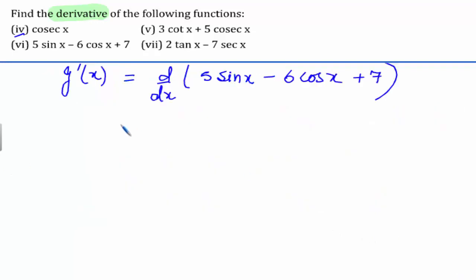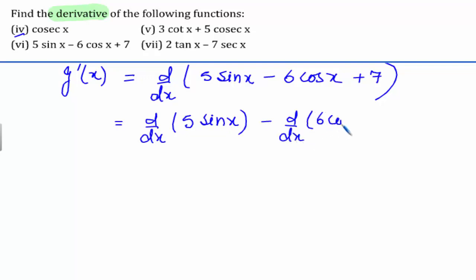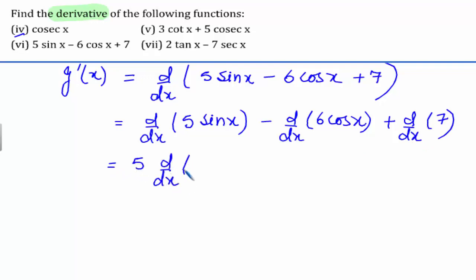Now this is equal to 5 times the derivative of sin x minus 6 times the derivative of cos x plus the derivative of a constant function with respect to x, which is 0. This is further equal to 5 cos x, since the derivative of sin x is cos x, minus 6 times of, now the derivative of cos x is minus sin x, plus 0.